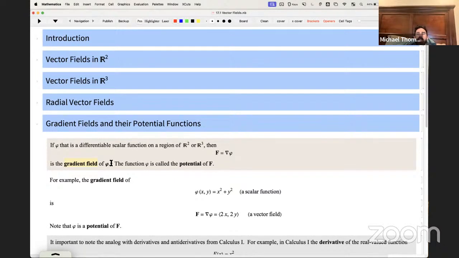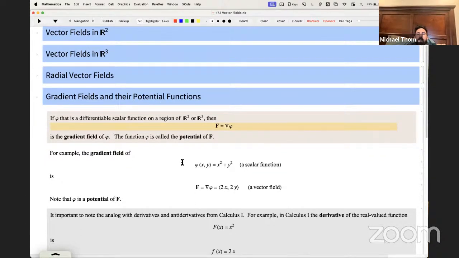So it's kind of like taking the derivative, only it's a little different, because in Calc 1, I'd give you a function, and I'd ask you to differentiate it, and you get another real valued function. But here it's a little strange because we're starting with a scalar valued function of, let's say, 2 or 3 variables. And when we differentiate it, but we're not really differentiating, we're taking the gradient, you end up getting a vector field, either in R2 or R3.